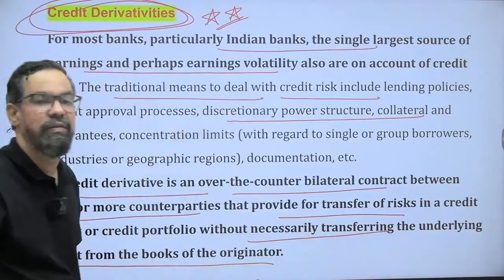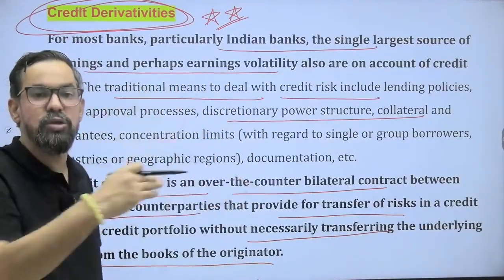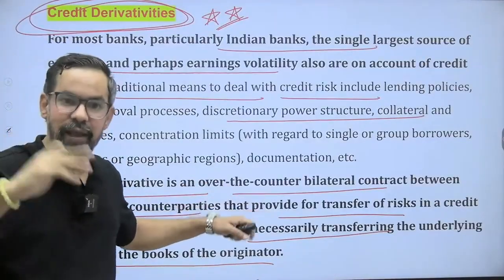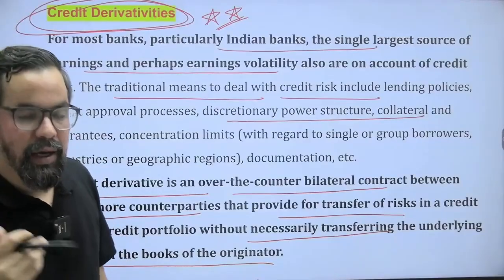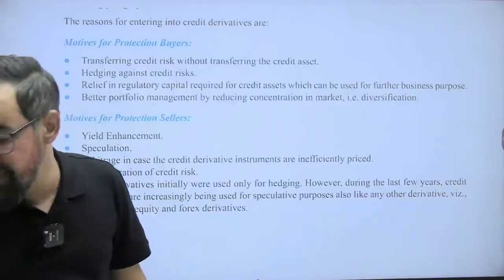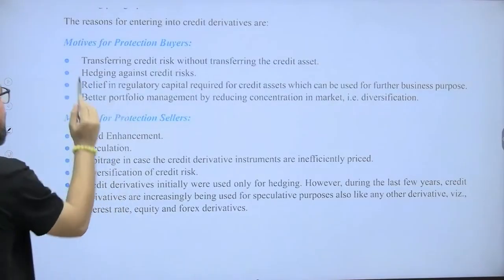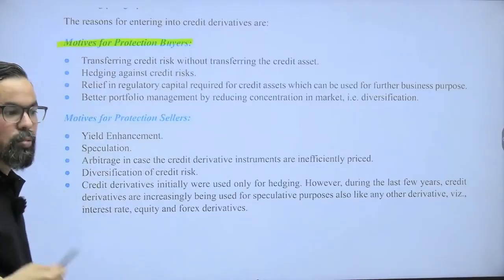Okay? So basically, we are the originator and the protection buyer, and the other party who makes the commitment is the protection seller, and we pay some premium. If any contingency happens with that particular asset, they are going to make us a payment. Now there are some motives for a protection buyer like us, Indian banks.